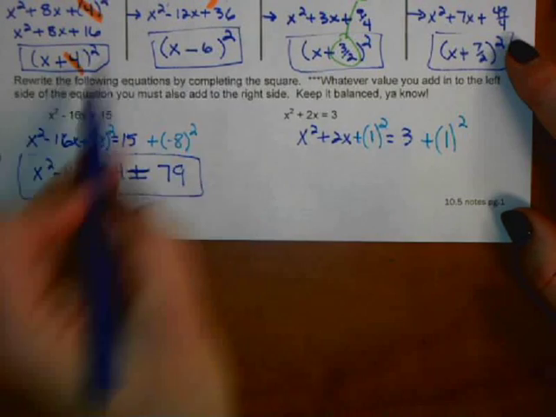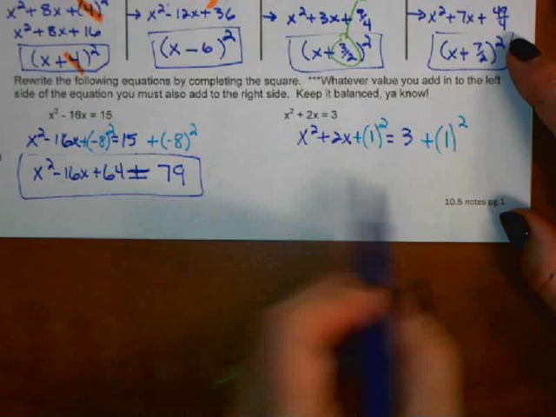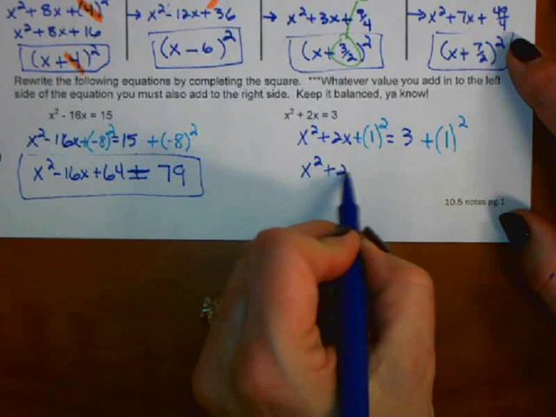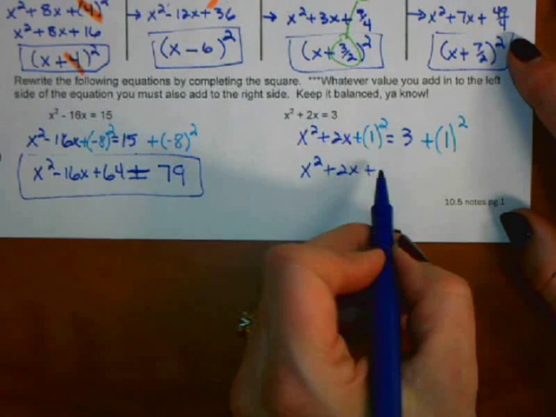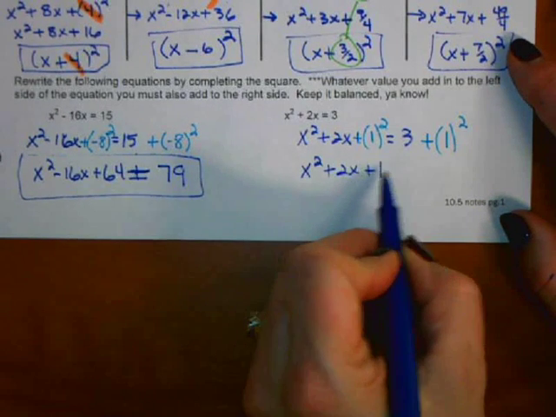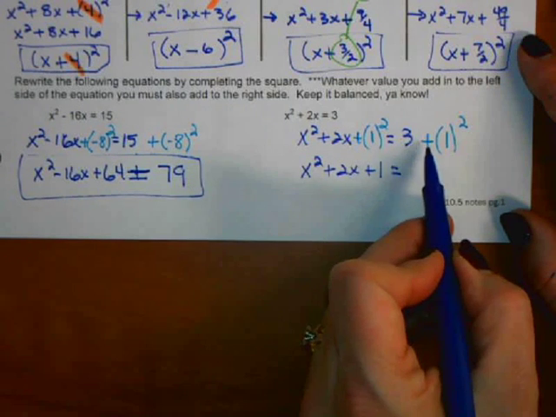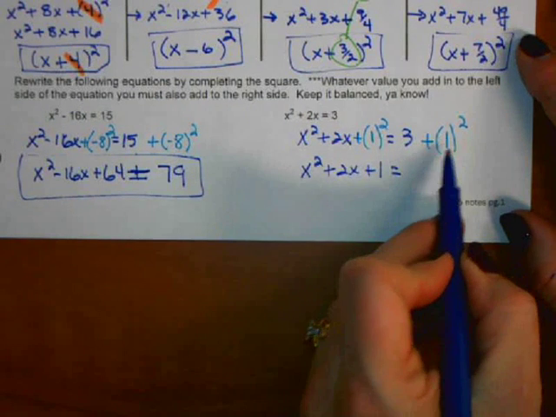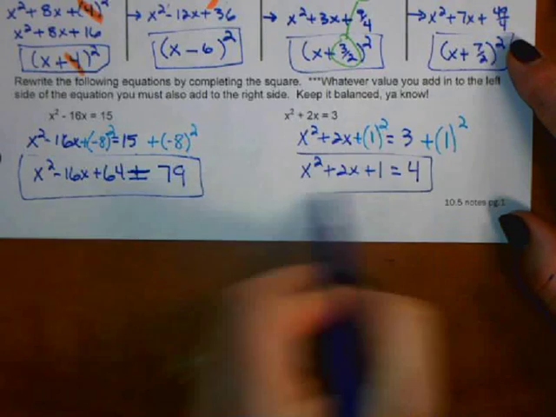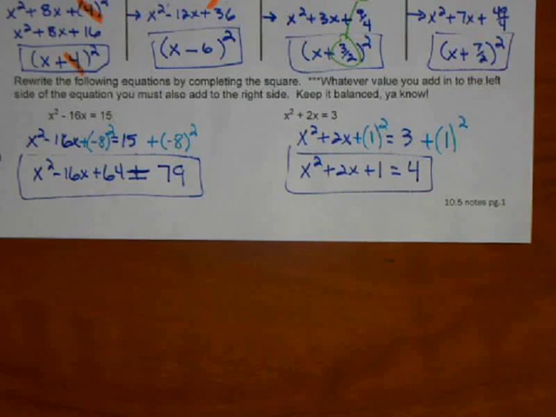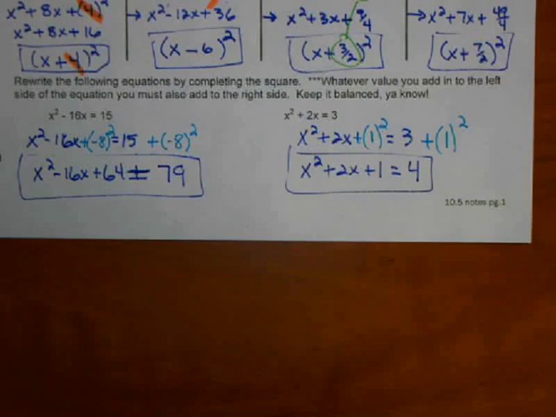Now I'm not writing it as a square of a binomial. I'm just making it prettier. So this, what's 1 squared? 3 plus 1. 4. Okay? That's all. So you just simplify it. This is like the intermediate step, okay?